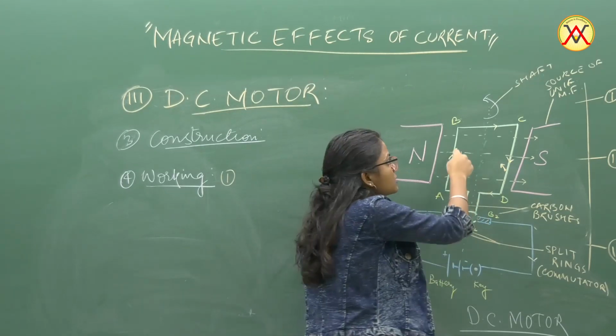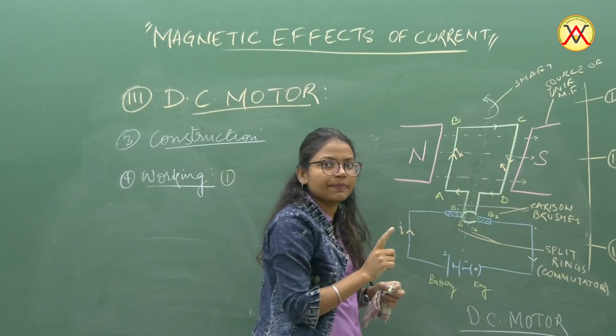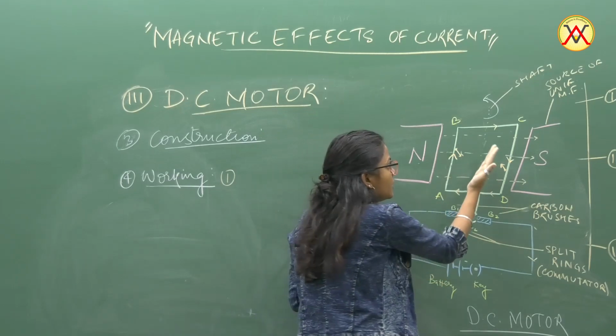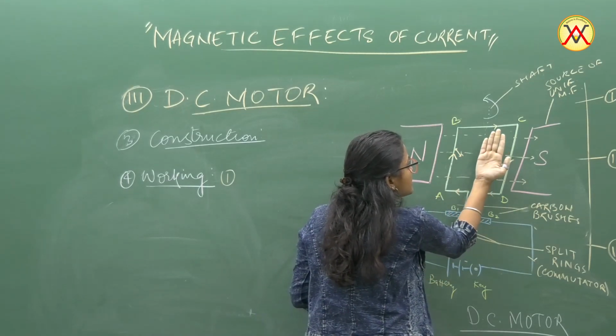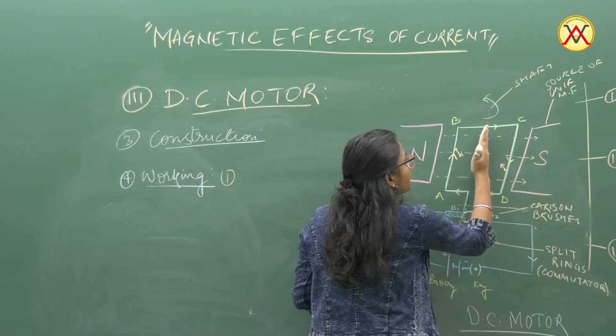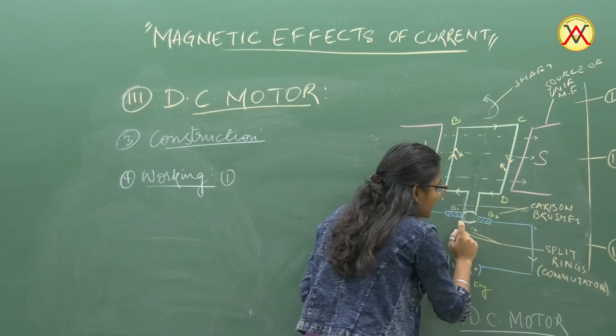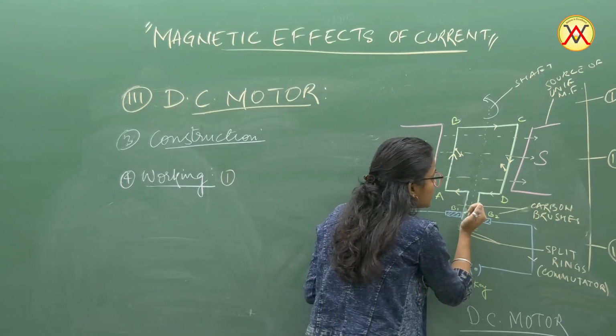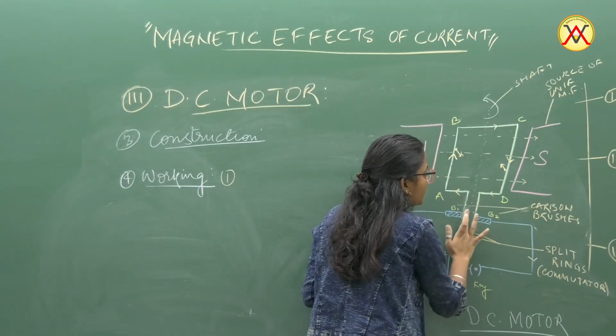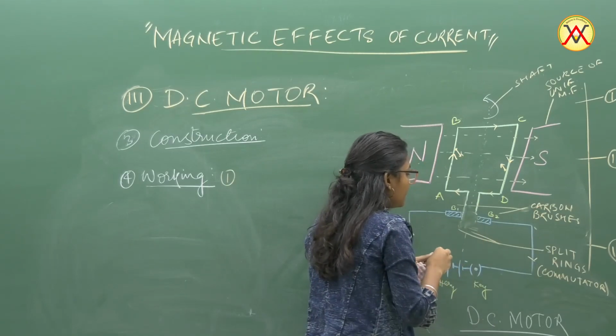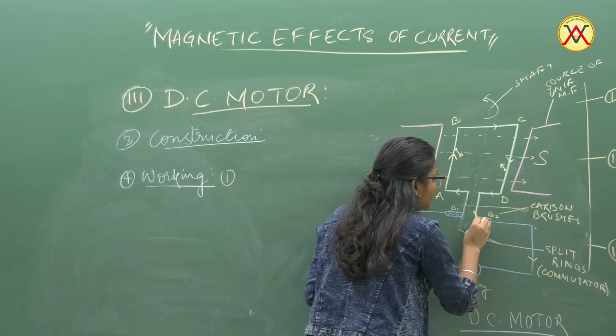If there is no current, there won't be any magnetic force applying, right? But due to the momentum, this coil moves further forward, and now S1 ring comes in contact with the carbon brush B2 and S2 ring comes in contact with the carbon brush B1.